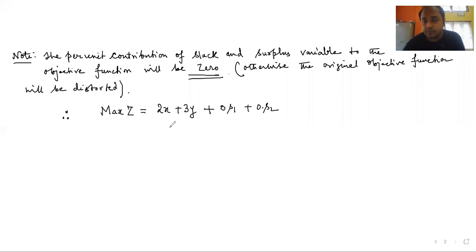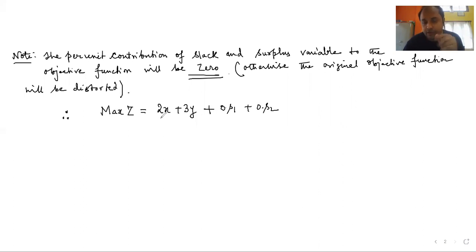Because during the process, if you get any values of S1 and S2, and suppose the coefficient of S1 and of S2 is not 0, if I'm putting some non-zero value over here as coefficient, and if I get values for S1 and S2, then I have to put that value in the objective function, and my objective function will be changed. That will be 2x plus 3y plus some non-zero constant multiplied by S1. So the objective function will be same. Suppose 2x plus 3y is my profit.